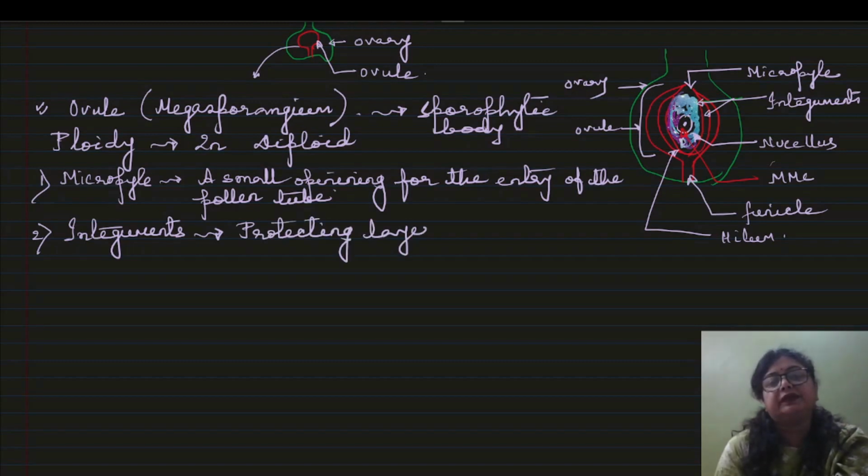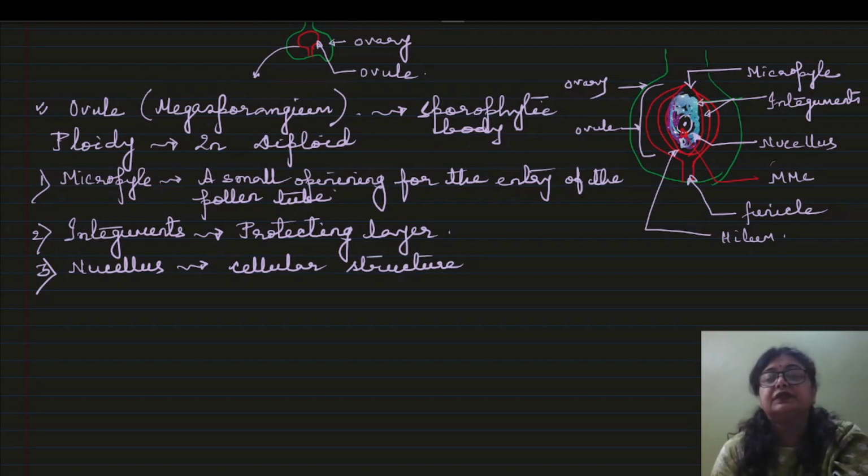Then number 3, the nucellus: cellular structure, which gives nourishment.